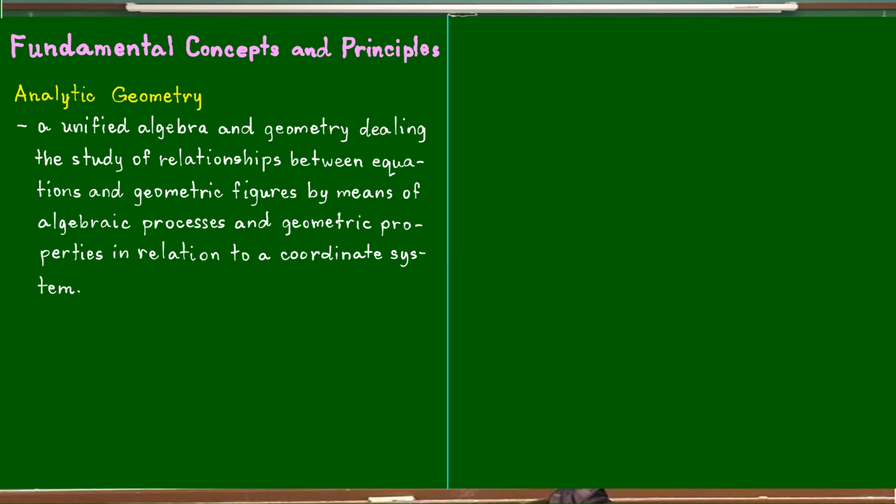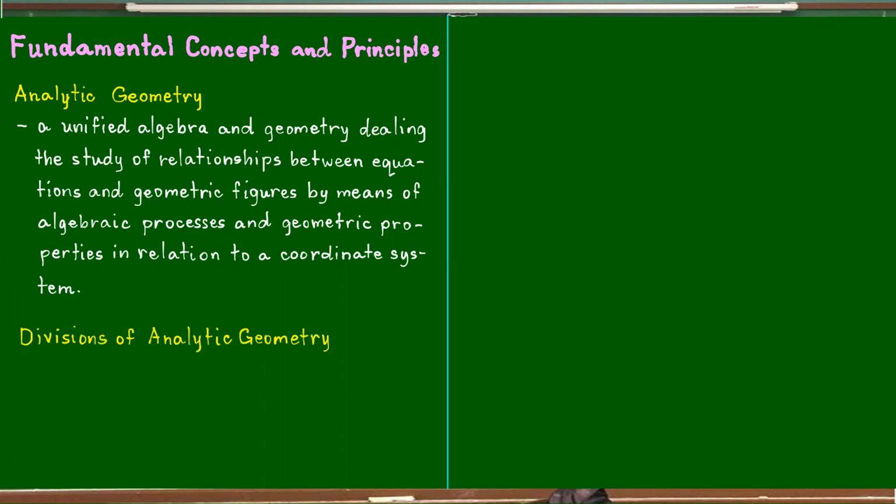That is, an equation can be represented geometrically, like a line by a straight line, and that straight line can be represented mathematically using an equation, which is a linear equation in x and y. For instance, 2x + y = 5. That is a straight line geometrically represented. Okay?